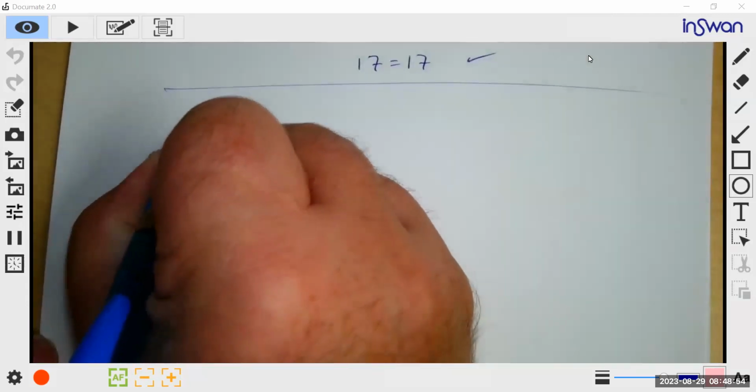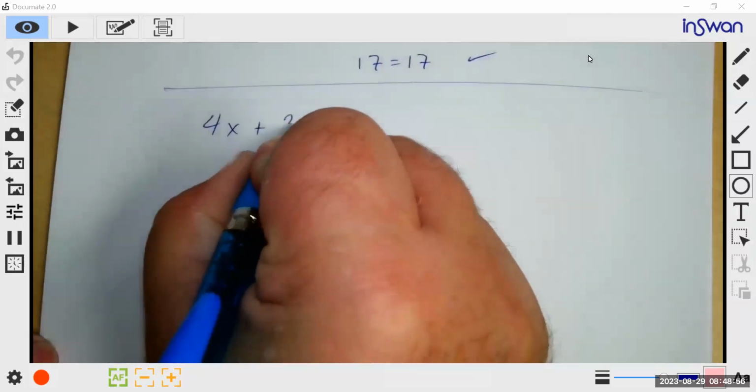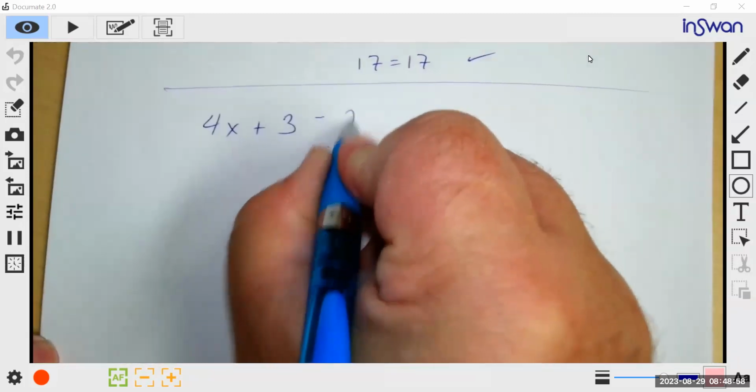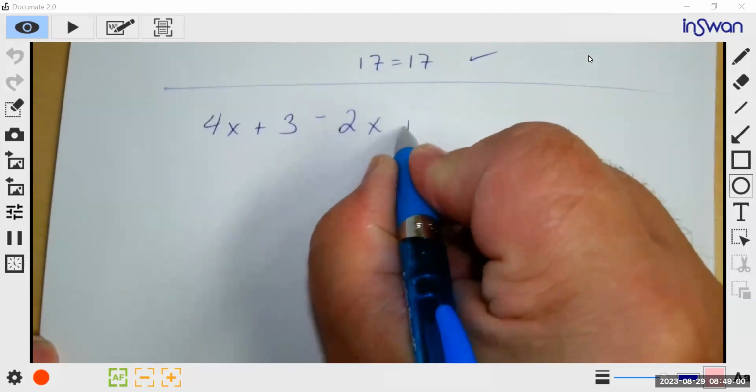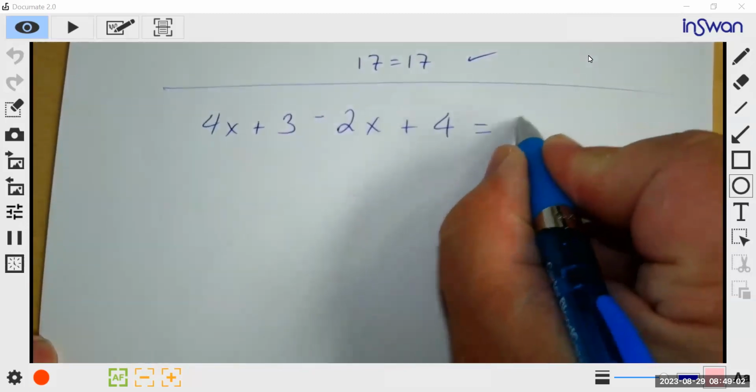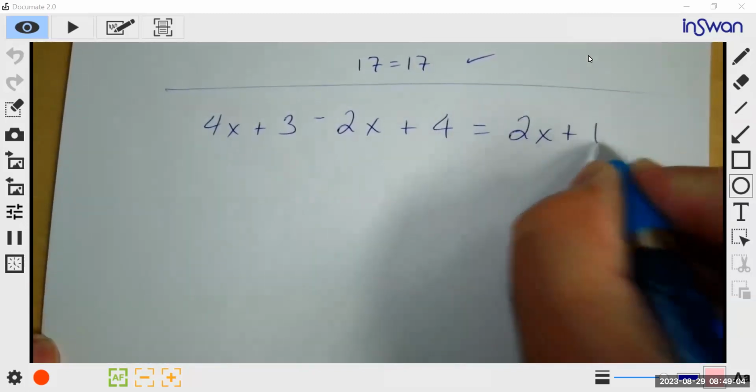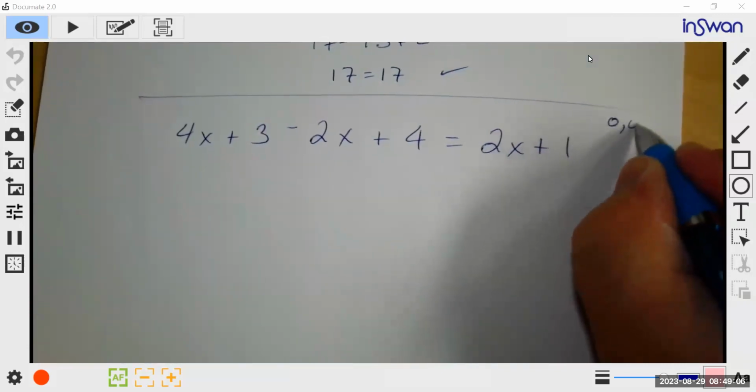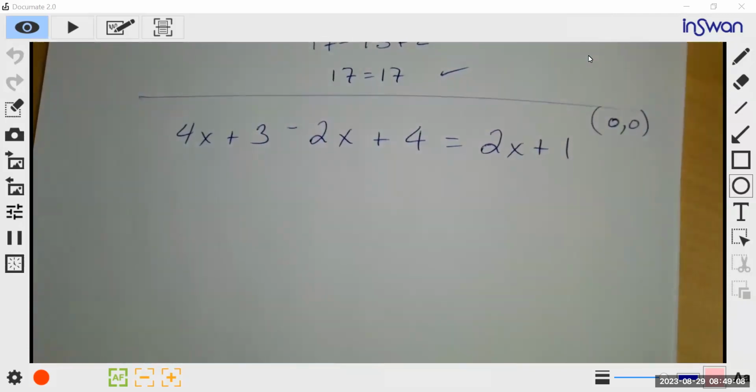Okay, what if I gave you this equation? Is 0, 0 a solution to that equation?